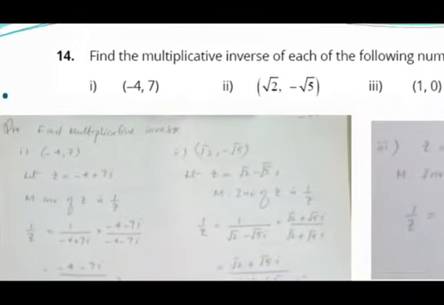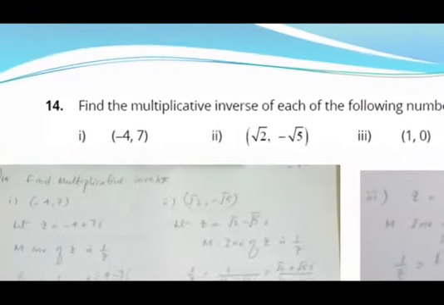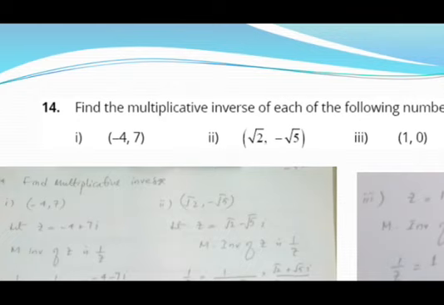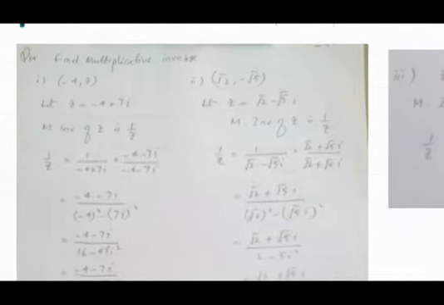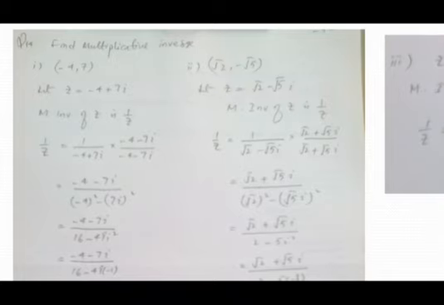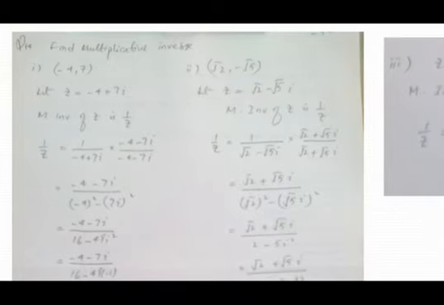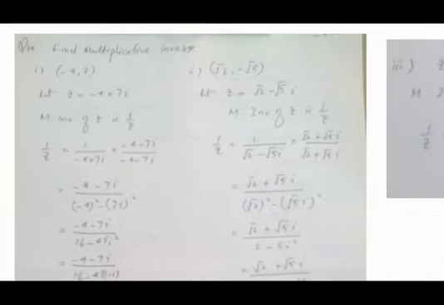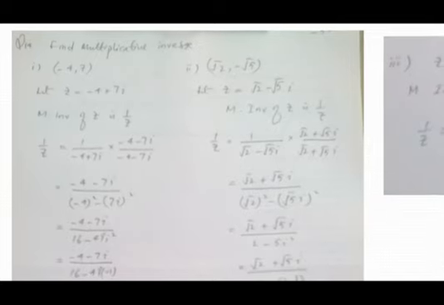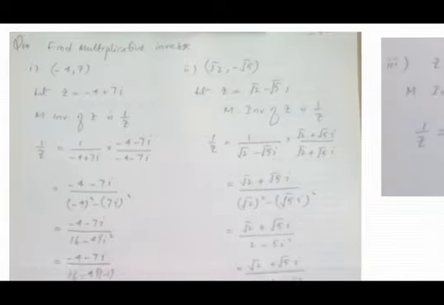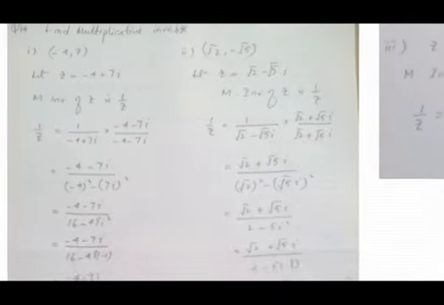Next we find the multiplicative inverse of each. As you know, the multiplicative inverse of 2 is 1 over 2, and here is minus 4 plus 7 iota. Let it be z, then the multiplicative inverse of z is 1 over z, and then we rationalize it and get the result.